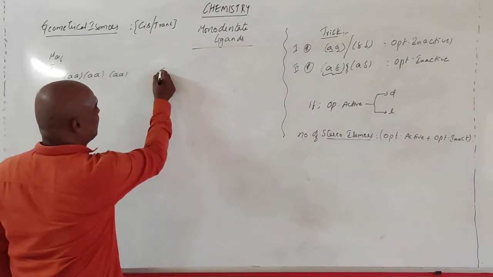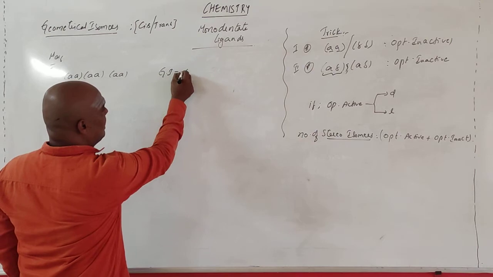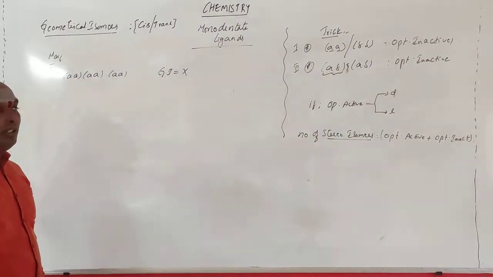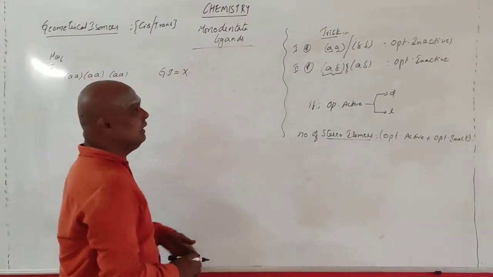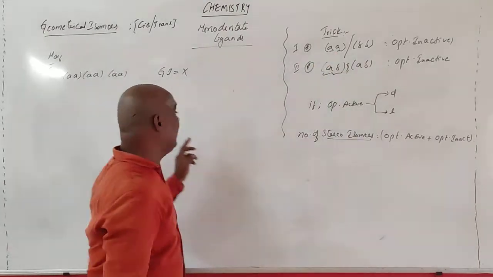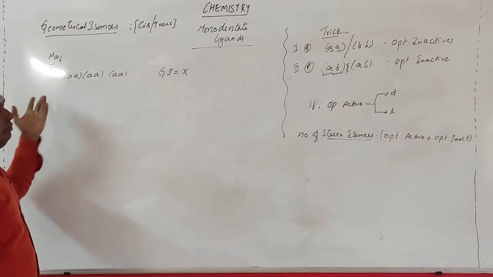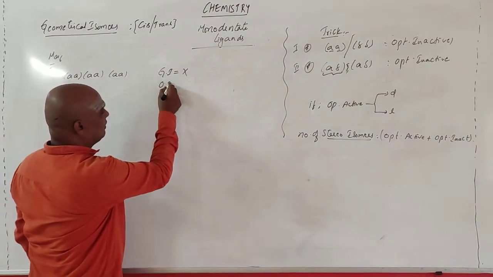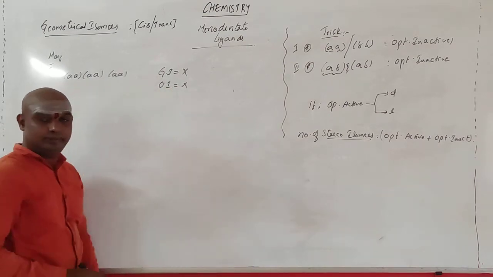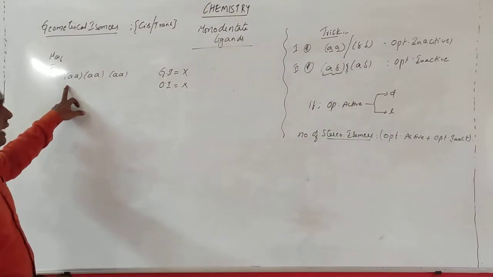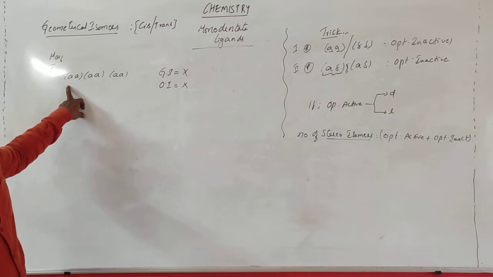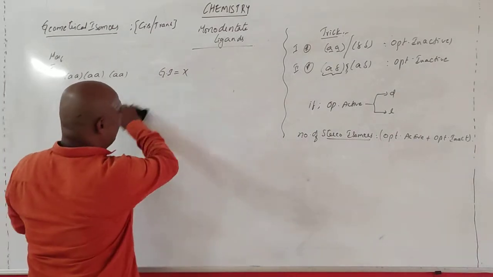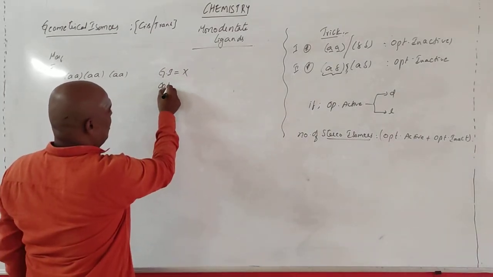So geometrical isomers are absent. Optical: optical means in a set both are the same. Here in a set both are the same, so optical isomers are absent. This is optically inactive.